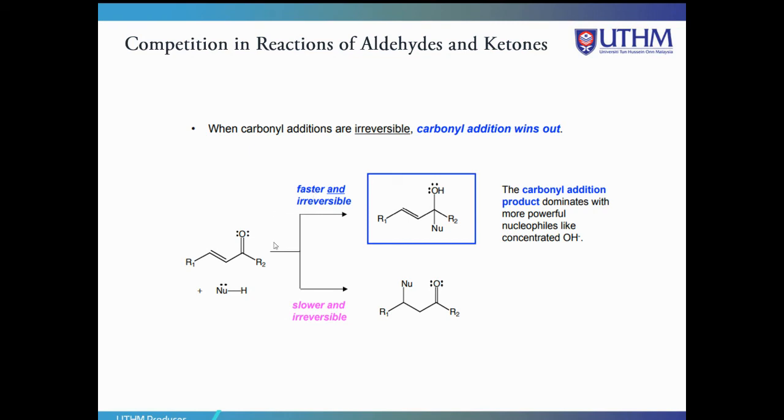This shows the two types of addition: one is faster and reversible, and the other is slower. However, in terms of irreversible addition, the carbonyl addition product dominates with a more powerful nucleophile like concentrated OH that carries the negative charge.